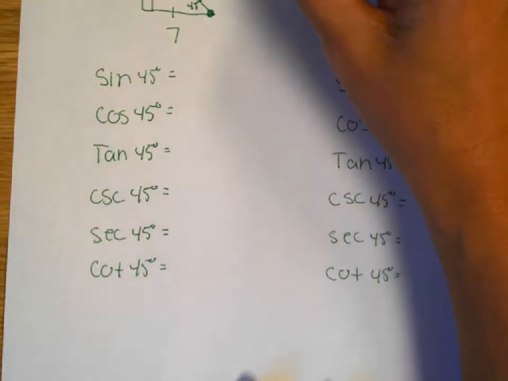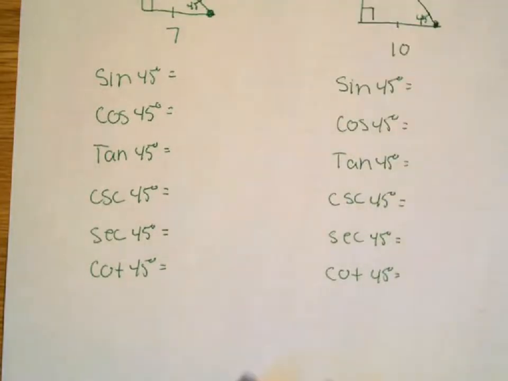What's that, Daniel? 1 over 1 is 1. Was that enough time or not quite? I mean, color-wise.